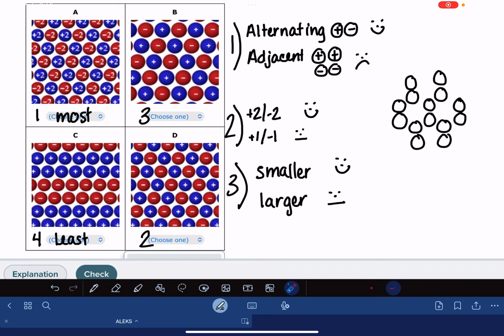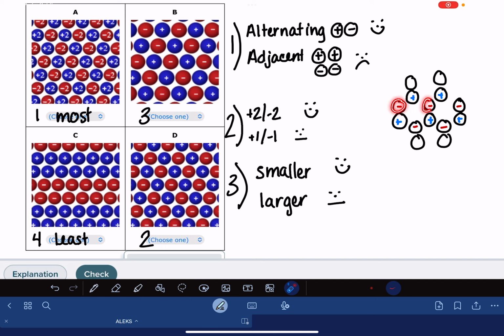So this particular pattern can be a little bit tricky because if you have negative, negative, negative, positive, positive, positive, positive, positive, negative, negative, technically you are looking at rows of negative charges and rows of positive charges, but because of the gaps here, they're not literally adjacent charges.